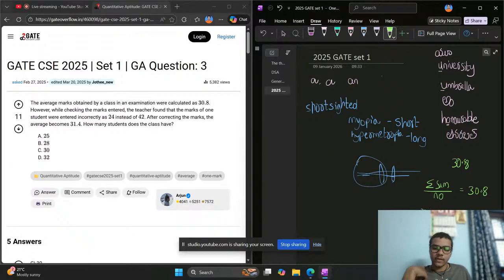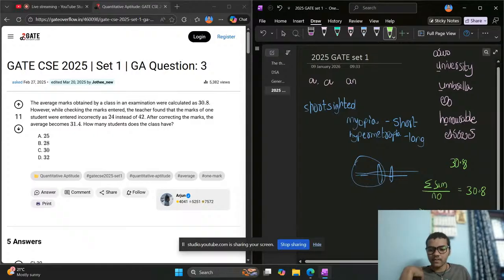So what we know is something plus 24 over n, let's say there are n things over there. That gave 30.8. So you corrected this as 42 instead of 24. So how much was added? 18 was added, right?